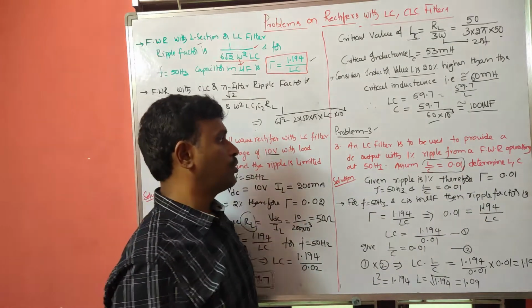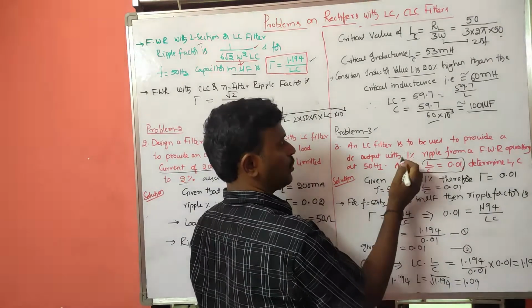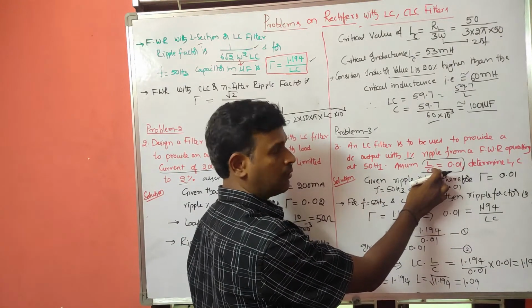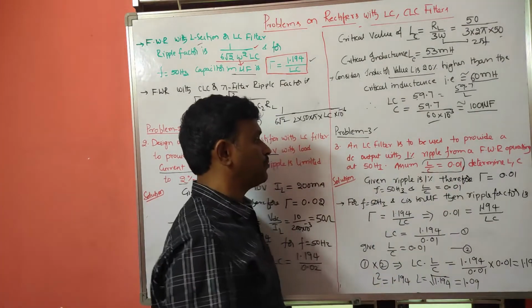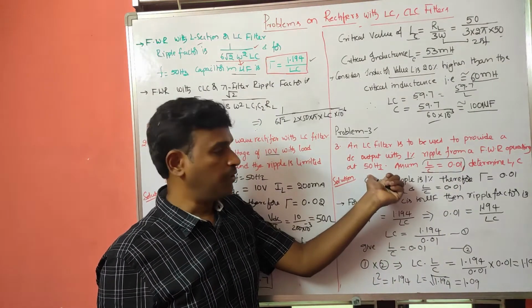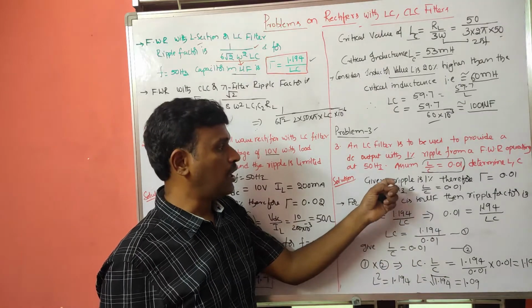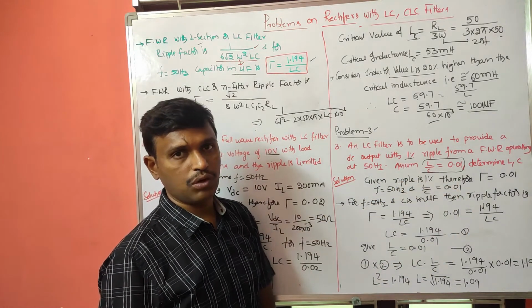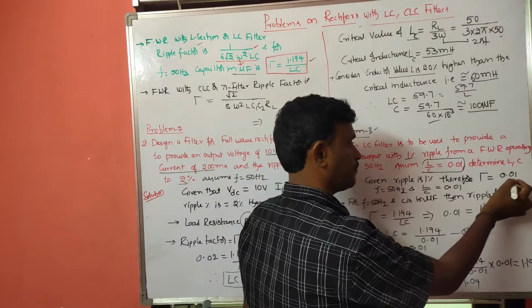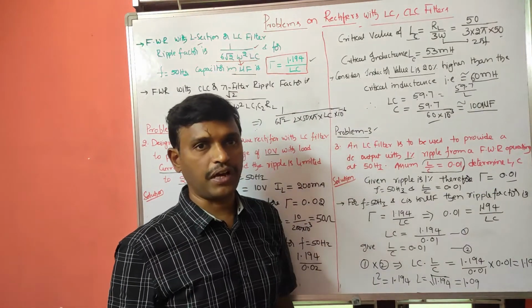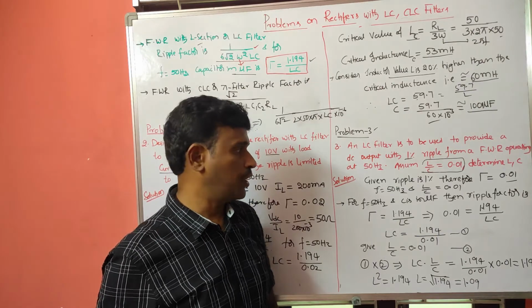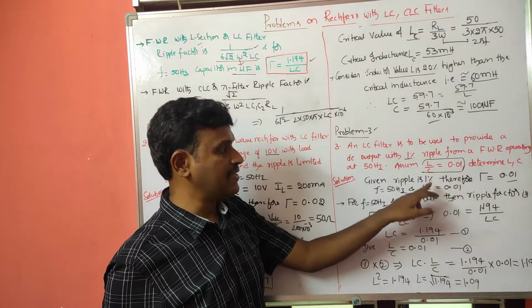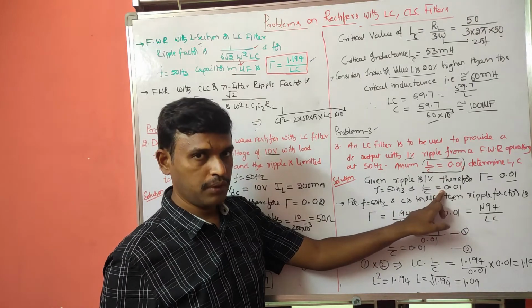So what is given here is the 1% ripple factor, and the L by C relation is also given. The frequency is also given, 50 Hz. Given the ripple is 1%, therefore the ripple factor is equal to 0.01, the frequency is 50 Hz, and the relation L by C is 0.01.